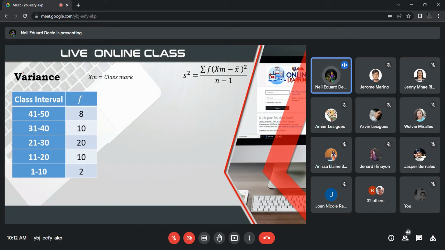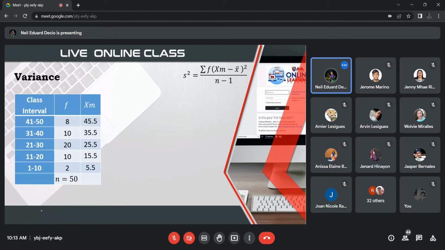If you can still recall, our X bar, the mean, is equal to the summation of F times XM, all over N. So we first need to solve for the mean, for which we need XM or class mark, which is just the midpoint of our class interval.